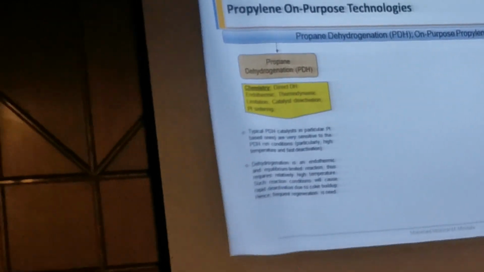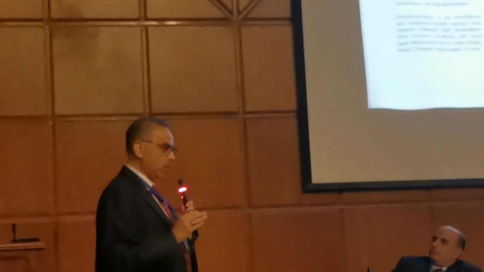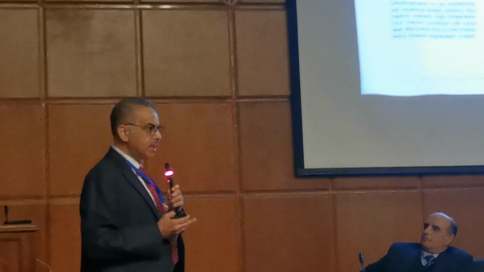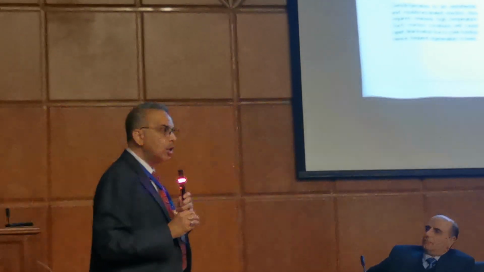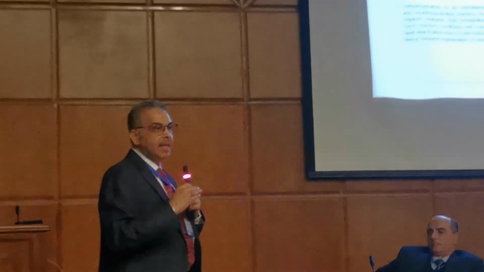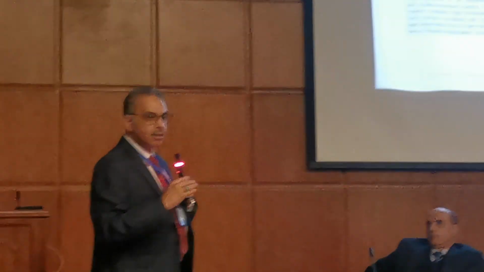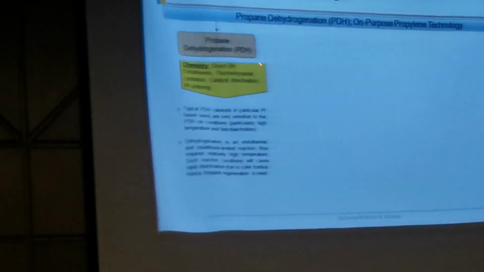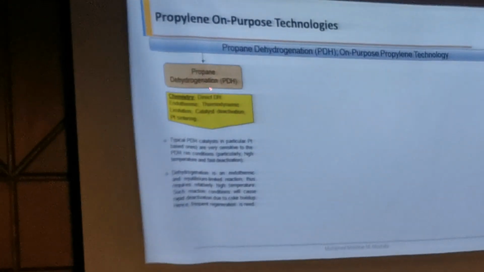It's a highly endothermic process, so you need energy. You will elevate the temperature of the process, and the platinum catalyst will suffer from sintering, grain growth of the particles, and fast deactivation. In addition, being endothermic, it needs more energy, which is not favorable for the industry.